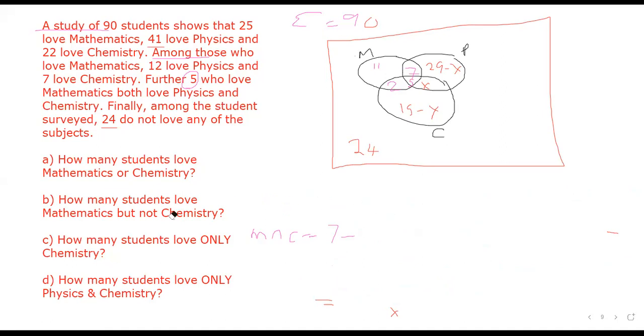So 90 must be equal to 24 plus 11 plus 2 plus 7 plus 5 plus 2 plus 29 minus x plus x plus 15 minus x.